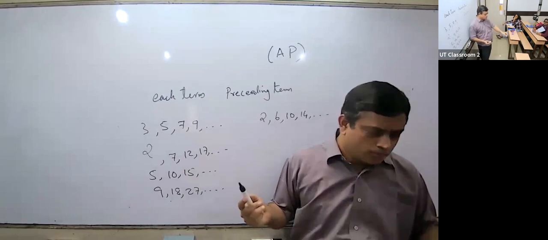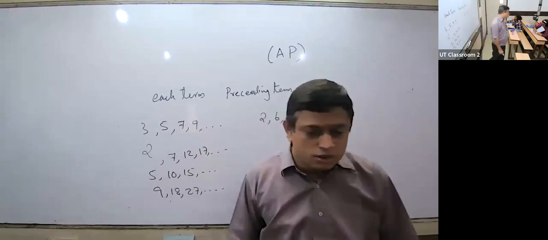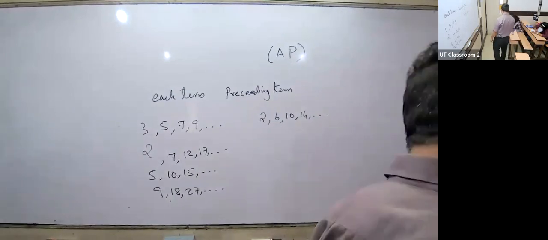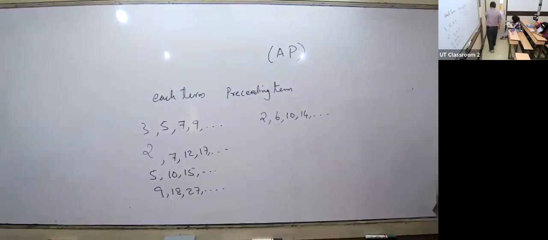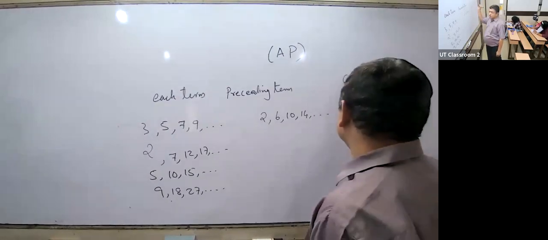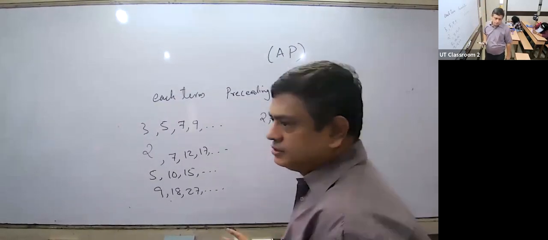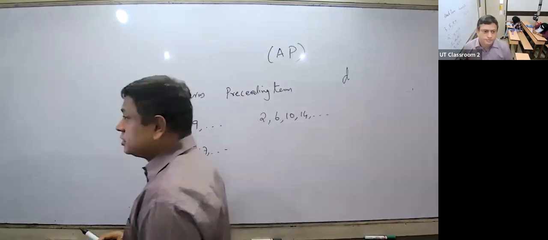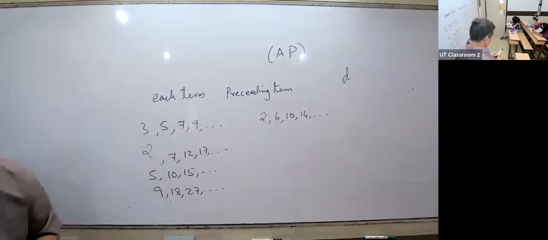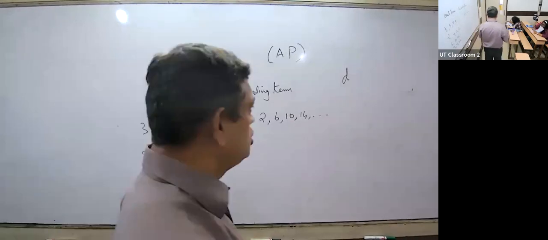Now write. The fixed number is called the common difference. We are adding a fixed number, and that fixed number is called the common difference, denoted by d, small letter d.